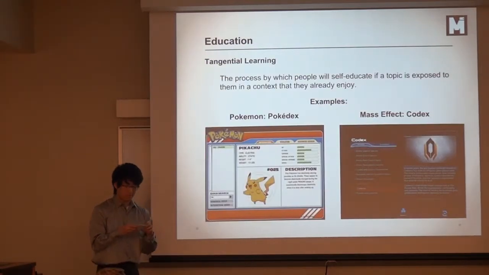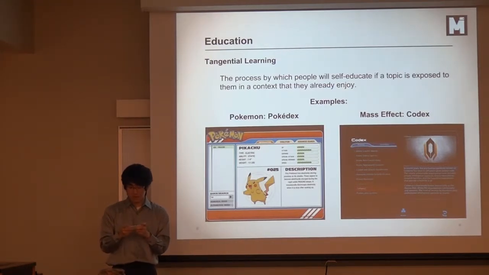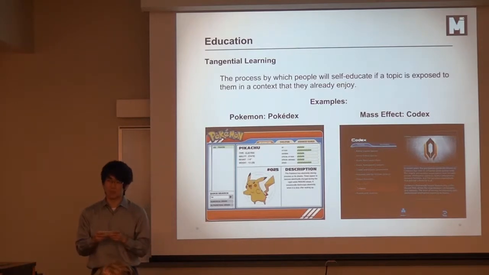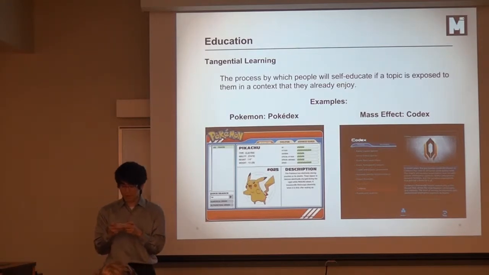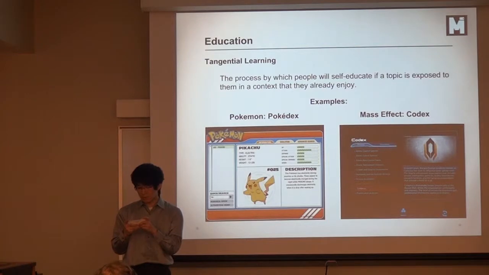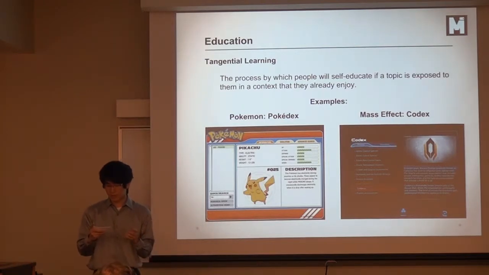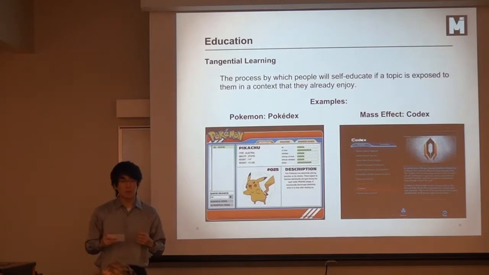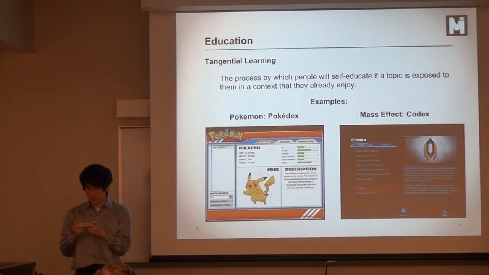But before we do that, here's how we approach the educational side of our game. We decided to implement a new type of learning called tangential learning. This is a process by which people self-educate in a topic that is exposed to them in a context that they already enjoy. A common example would be the Pokédex from Pokemon.